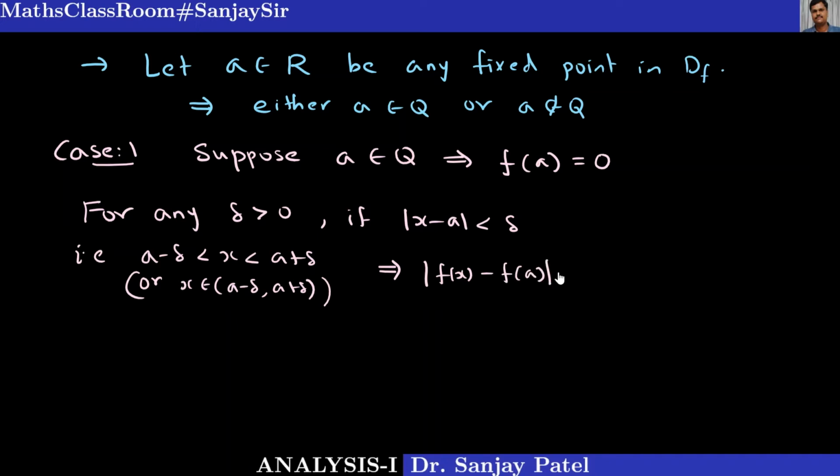then what we will get is this. Here a is a rational number and we know f of a is 0, so this is equal to mod of f of x minus 0 because a belongs to Q. So the value of the function is 0 and this is equal to mod of f of x. Now this x is any real number in between a minus delta and a plus delta.